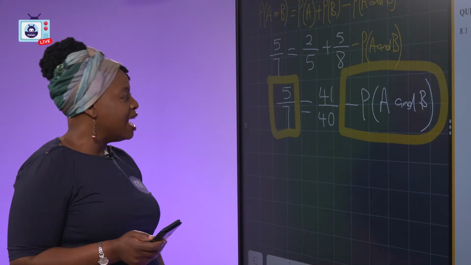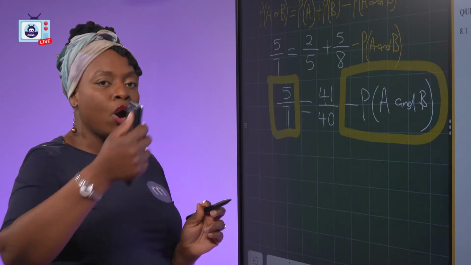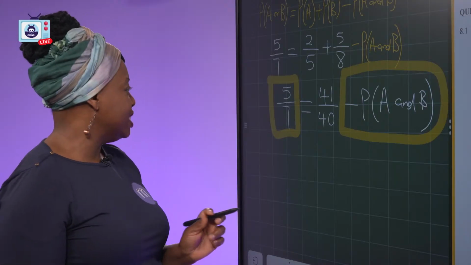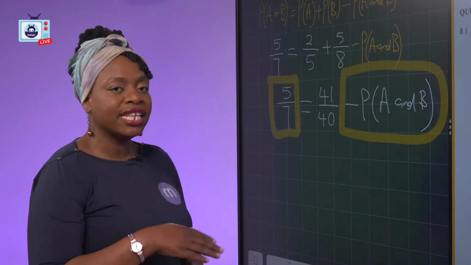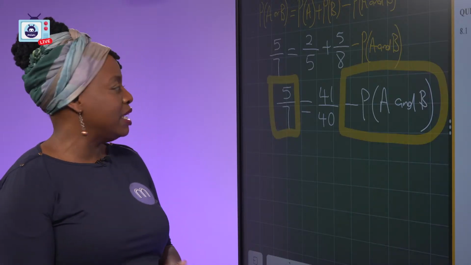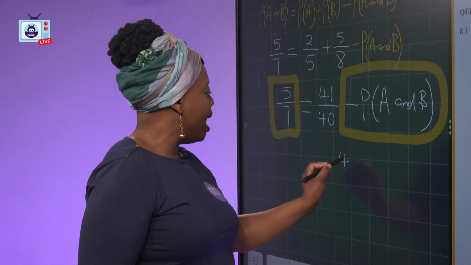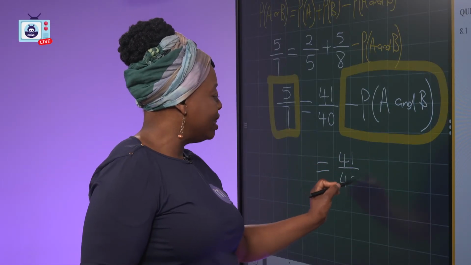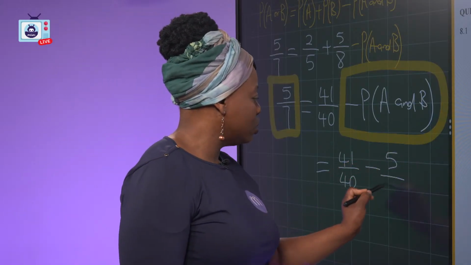But remember, the way we move them, we have to literally use the opposite of what it is. For example, with 5 divided by 7, we would have to say minus 5 divided by 7 on both sides of our equation, so that the minus 5 divided by 7 will then be on our right hand side. That is what we are doing.